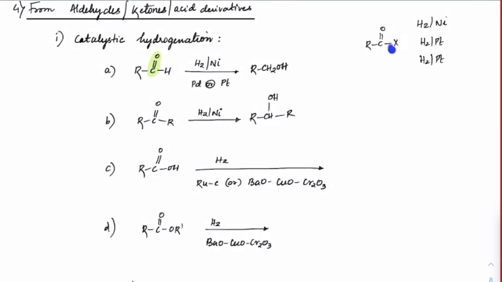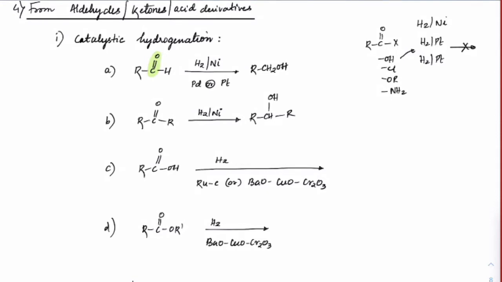That means this X could be either OH or Cl, OR, NH2, any of these. So these reagents do not make a greater impact. They do not give reduction that easily.